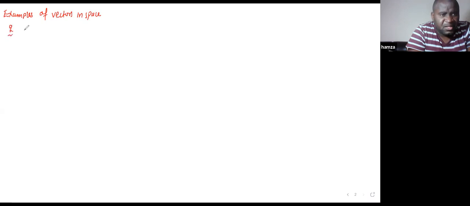If I have a vector u, I can call it u1, u2, u3, because these vectors are in 3 dimensions. So I'll have this as u1 i plus u2 j plus u3 k. And these ones we say they are vectors in 3D.